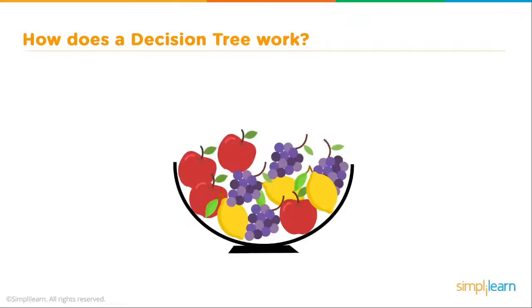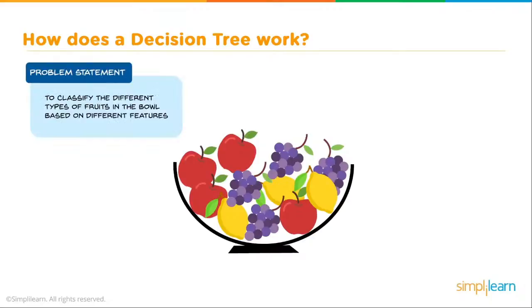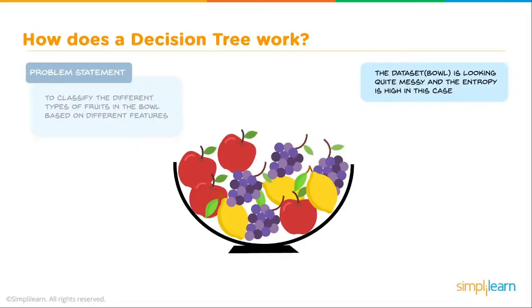We have a bowl of fruit, and let's create a problem statement: we want to classify the different types of fruits in the bowl based on different features. The data set in the bowl is looking quite messy, and the entropy is high in this case. So if this bowl was our decision maker, it wouldn't know what choice to make. It has so many choices. Which one do you pick? Apple, grapes, or lemons? And so we look in here.